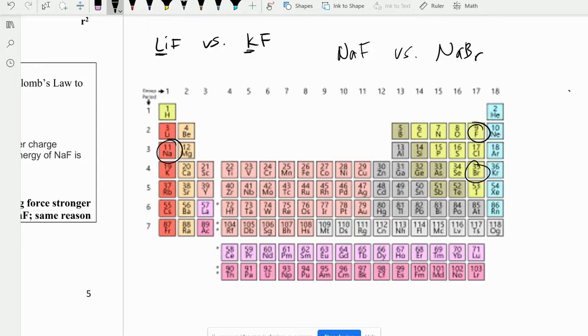Again, this relates to the first example, where we have fluorine and bromine in the same group, and bromine is a larger element because it's element 35 compared to fluorine, which is element 9. And since bromine is larger, its force of attraction is going to be weaker, and therefore its lattice energy is going to be weaker. So if you said sodium fluoride has the stronger lattice energy, then you're right.